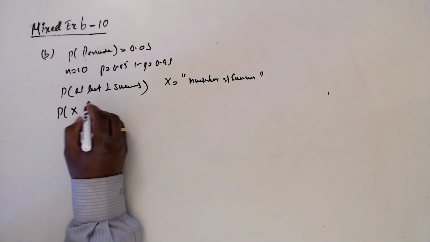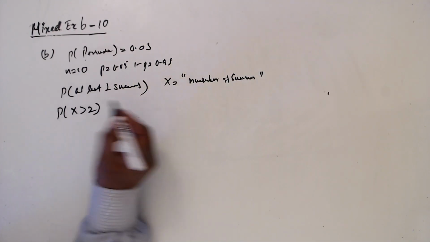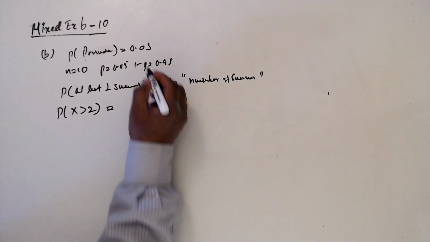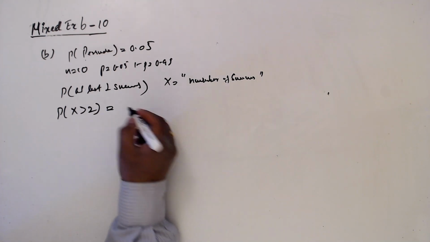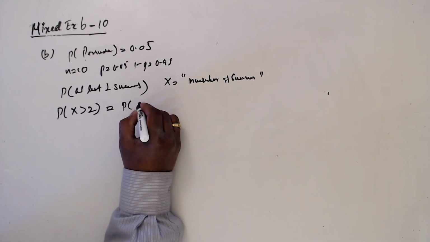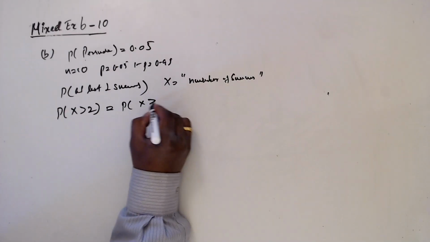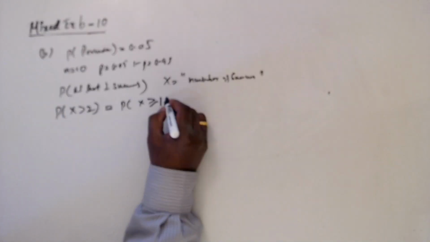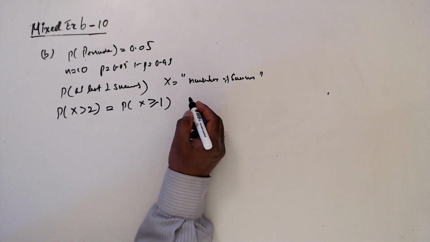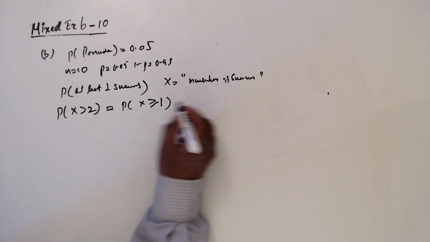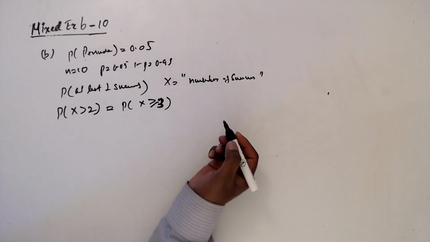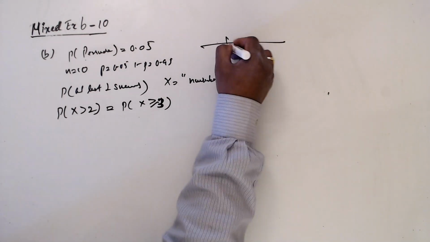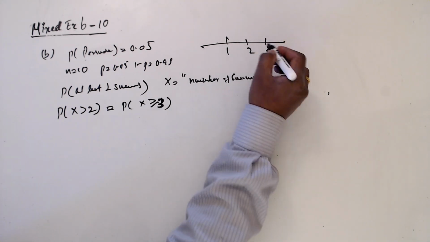Probability of x greater than or equal to 2, at least 2. So it means x greater than or equal to 2 from the number line. So this is 1, 2, 3.